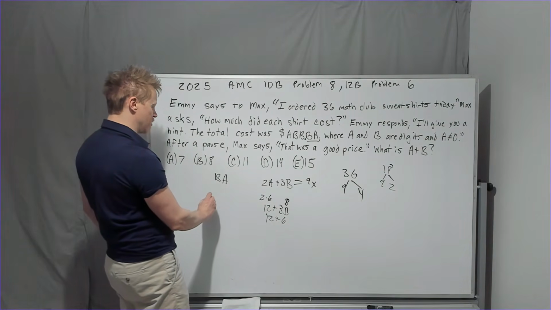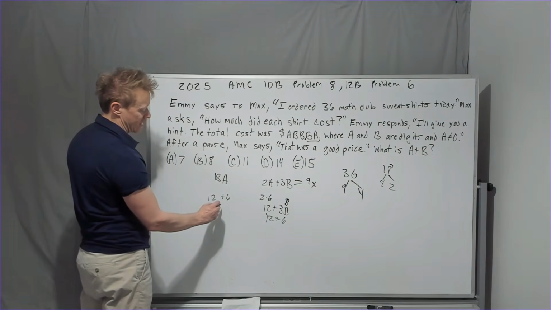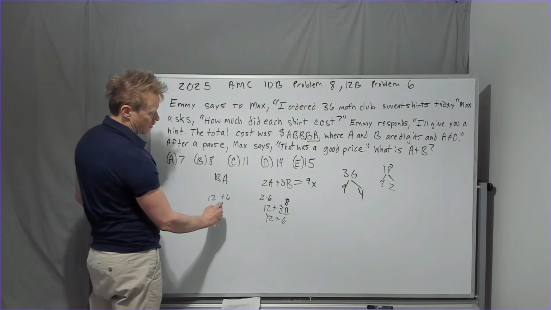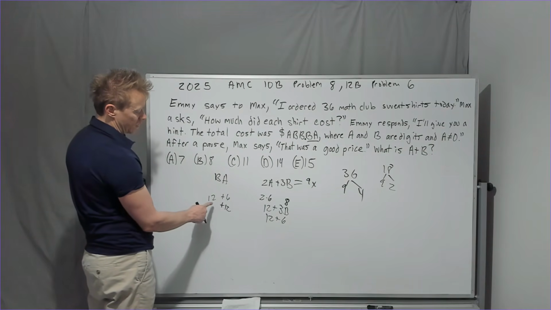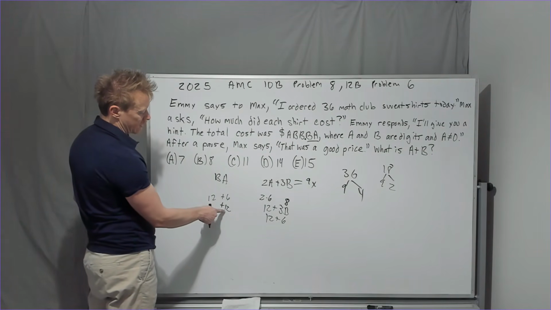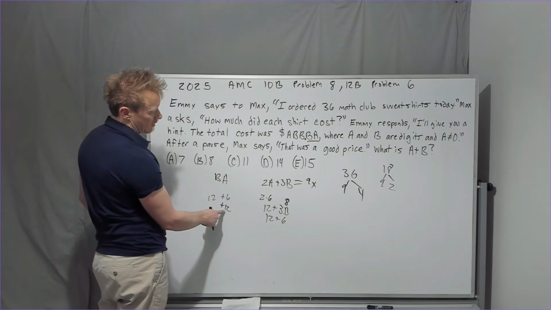Okay, so we got 12. We can't add 6. We could not add 9. Could we add 12? That wouldn't be a multiple of 9. So we are going to need, let's see, 46 won't work. And then 56 could work. What about 56?